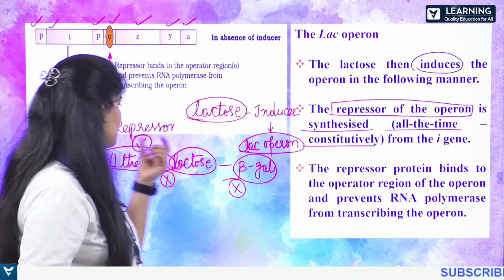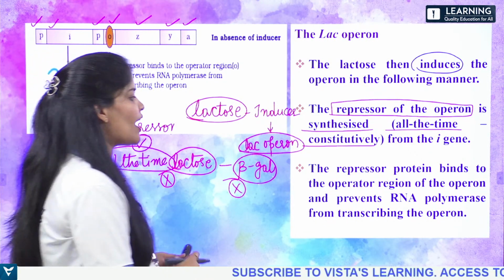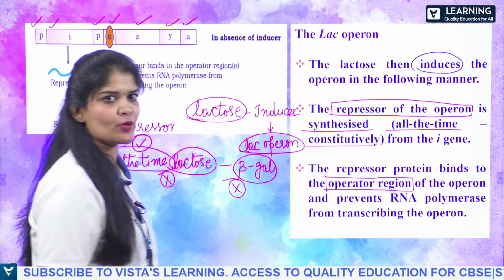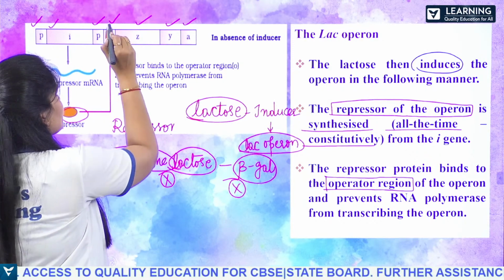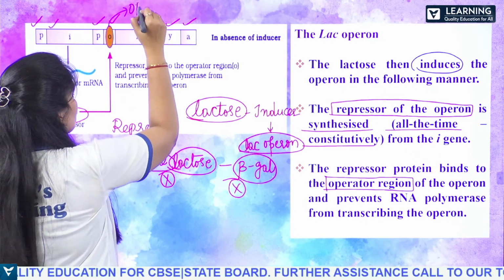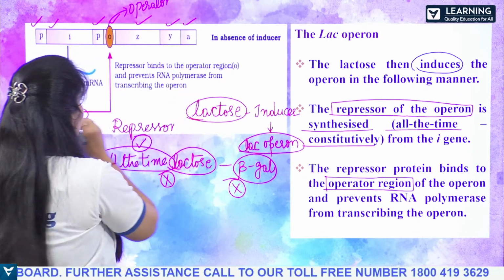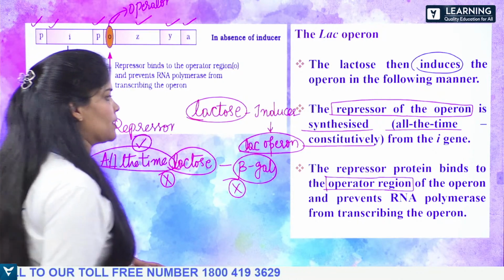The repressor protein is produced, and it will go and bind to the operator region of the lac operon. Then what happens?